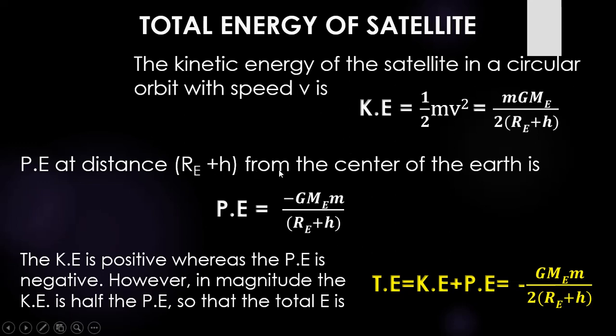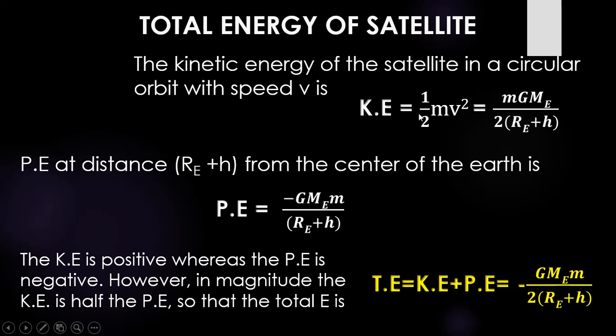And potential energy, we already derived the potential energy of an object. So the same formula we can apply to this satellite. If we treat the satellite as an object having a mass m, then the potential energy of the satellite becomes equal to minus G Me m upon (Re plus h).